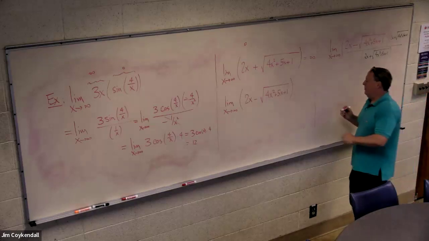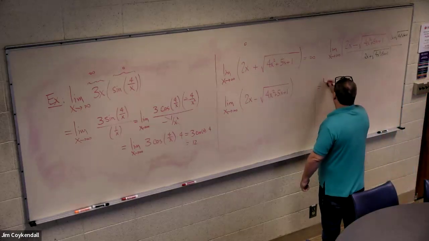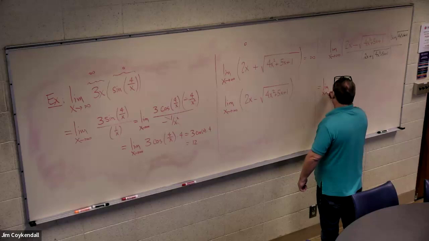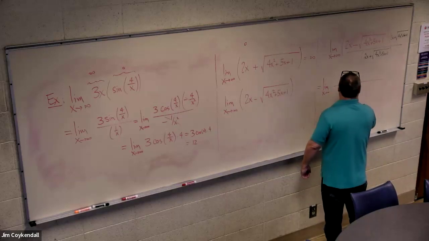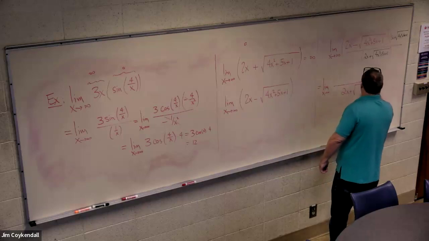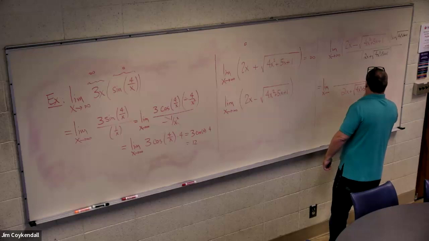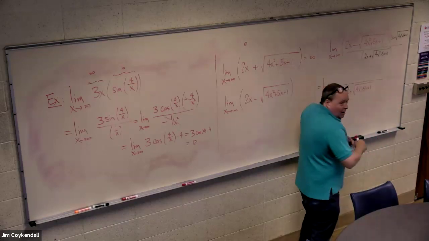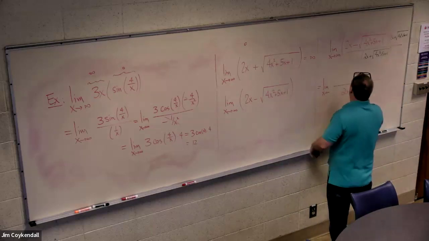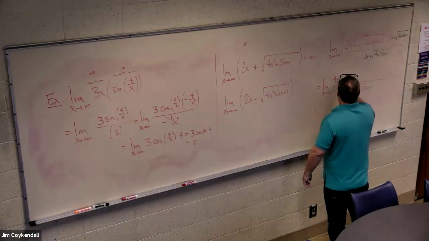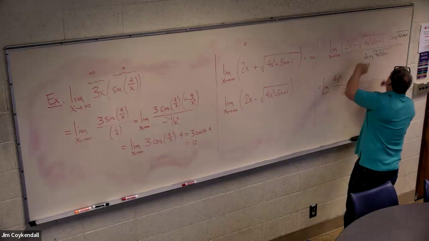So let's see what happens here. In the bottom, I've just got this new factor. And in the top, I have 4x squared minus the square of this.